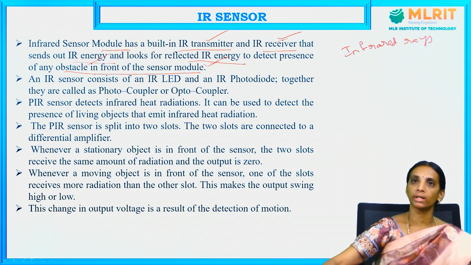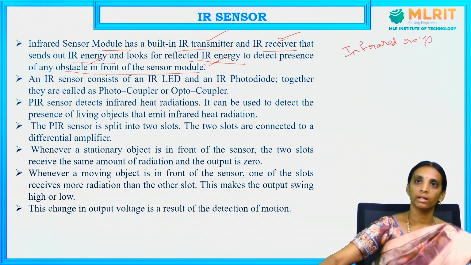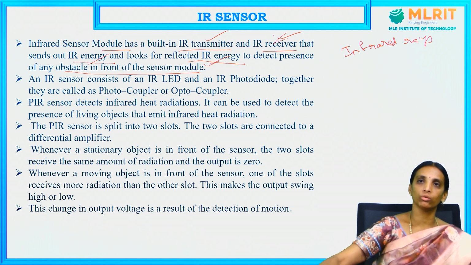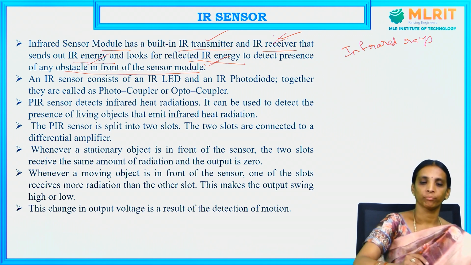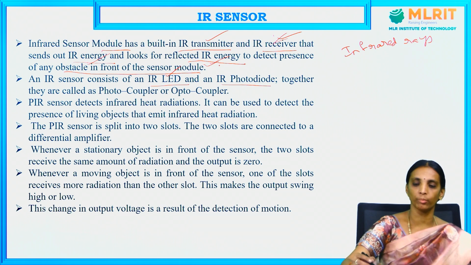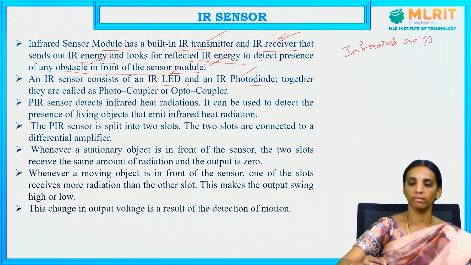If any obstacle is in front of the sensor, the energy is immediately reflected to the receiver. The receiver is connected to the processor, which is used for detecting the presence of an obstacle in front of the sensor. It consists of an IR LED and an IR photodiode. The IR LED is used as the IR transmitter and the IR photodiode is used as the IR receiver.